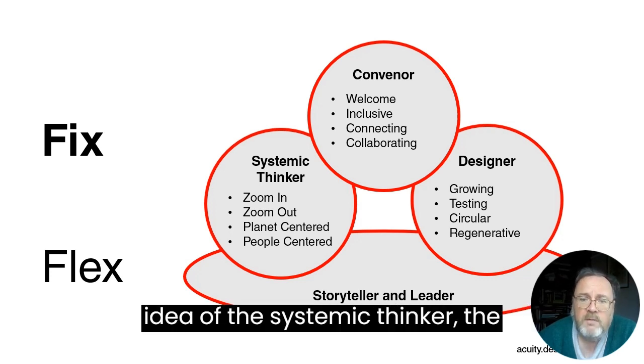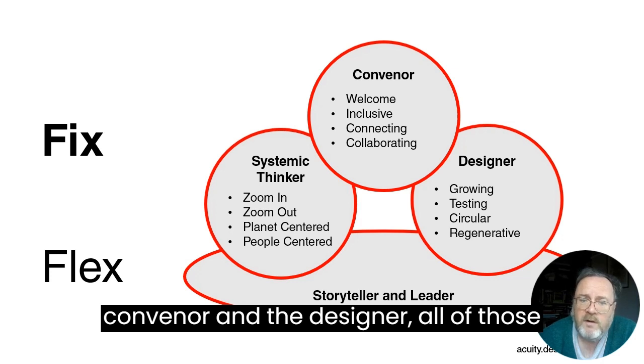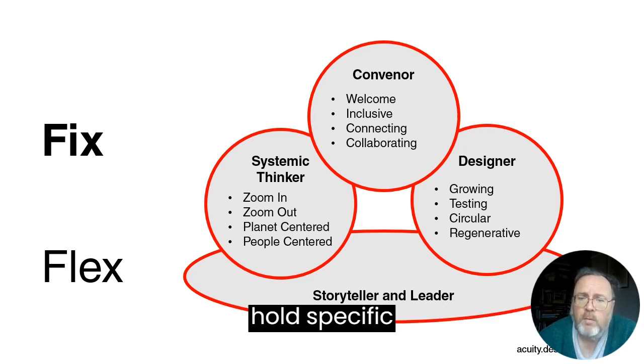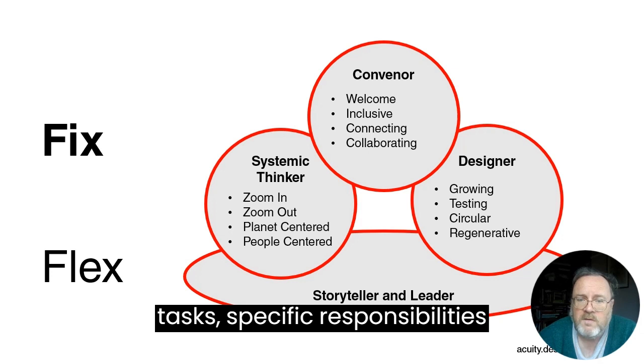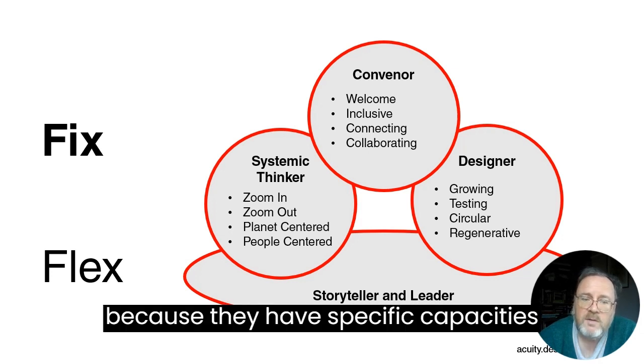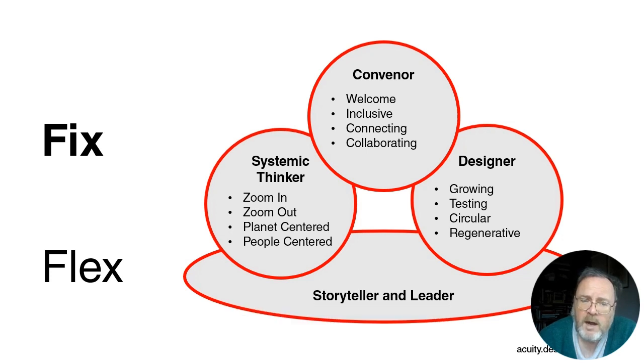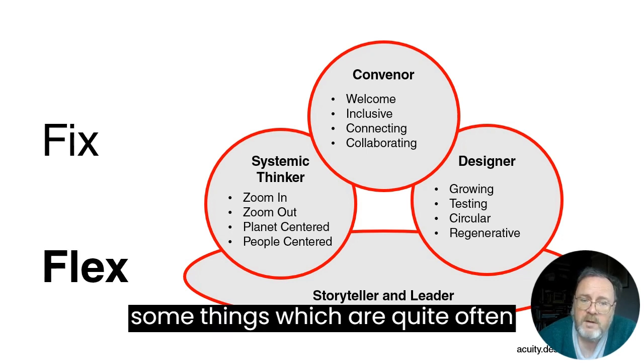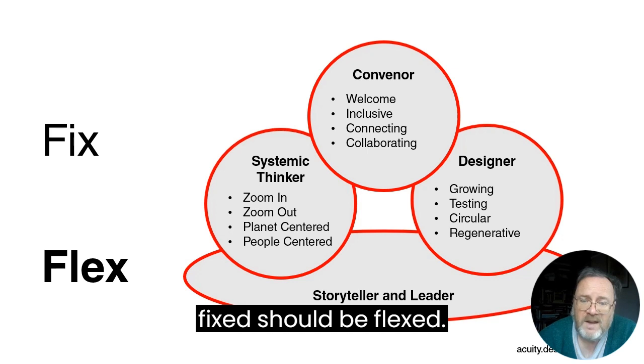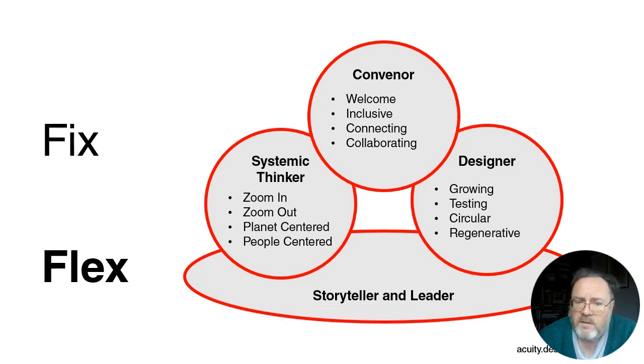So the idea of the systemic thinker, the convener and the designer, all of those hold specific tasks, specific responsibilities, because they have specific capacities and abilities. However, some things which are quite often fixed should be flexed.